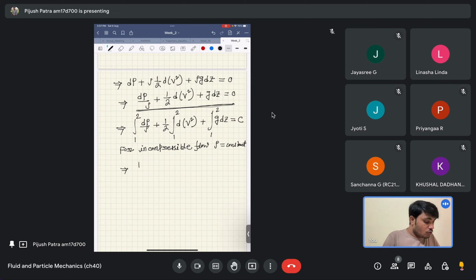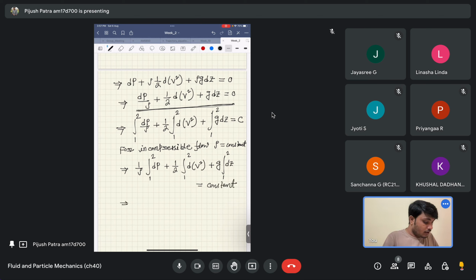So that means it is 1 by rho integration 1 to 2 dp plus half integration 1 to 2 d of v square, and also I am assuming that the gravity is constant, g integration 1 to 2 dz is equal to constant.